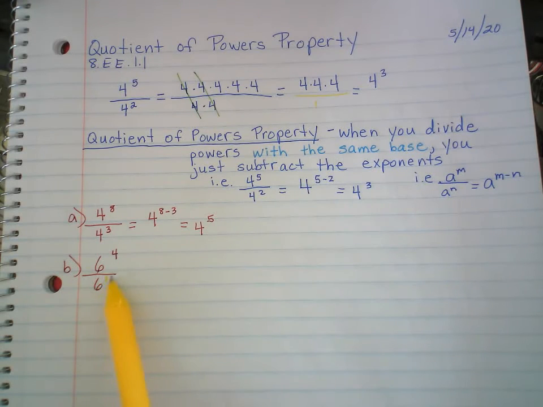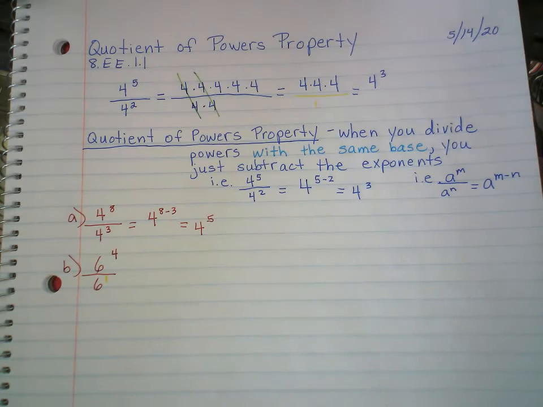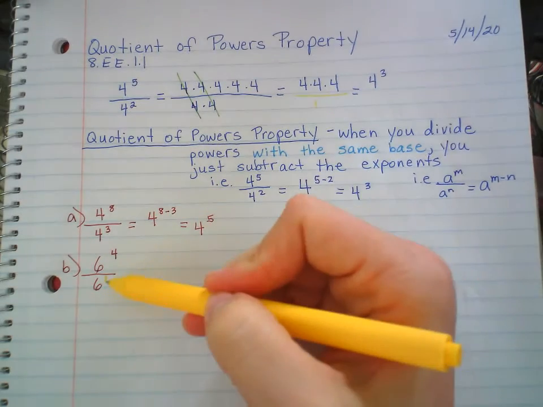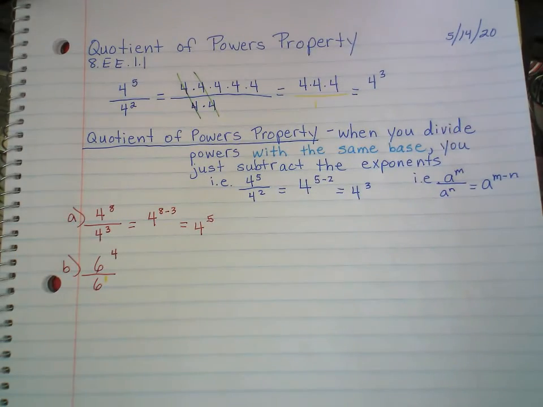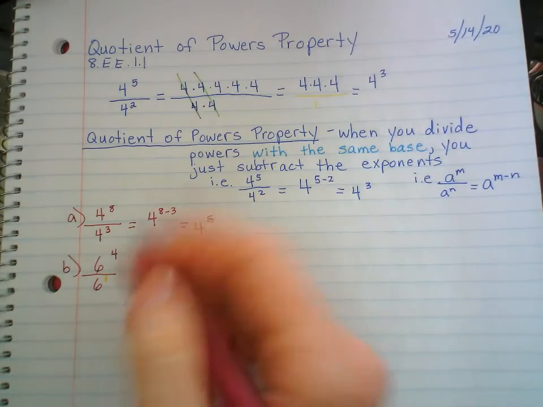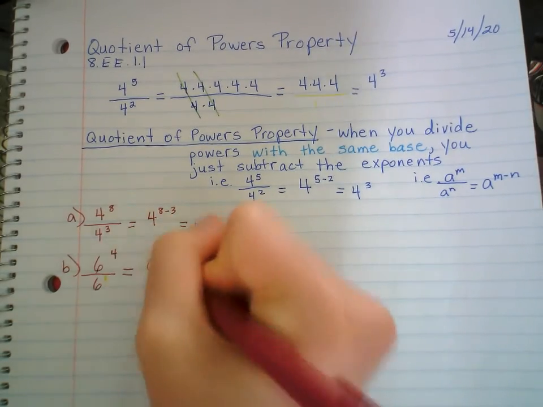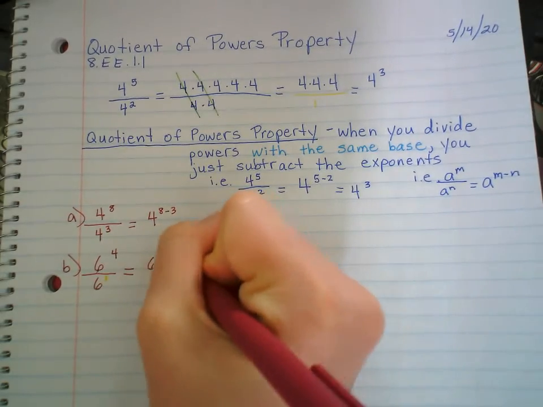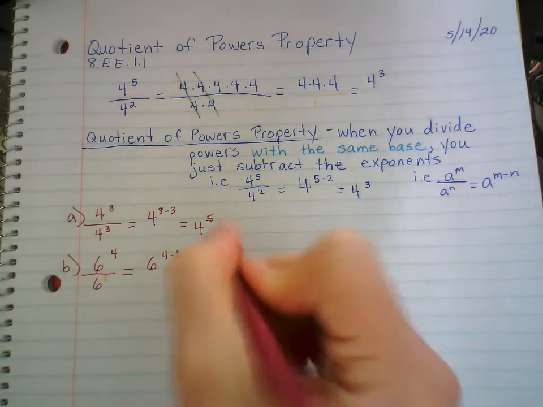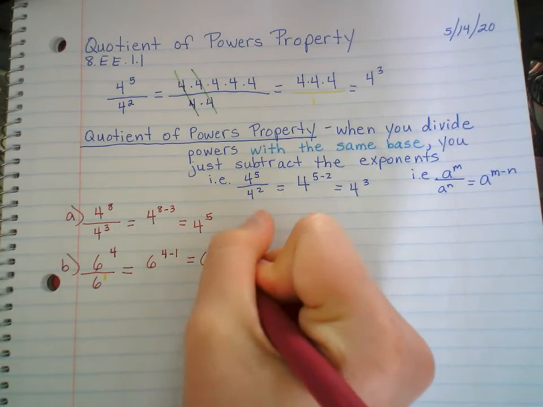If it was to the 0 power, that's totally different. Anything to the 0 power equals 1. So just know the invisible number is always a 1. So 6 to the 4th divided by 6 to the 1st equals 6 to the, subtract the exponents, 4 minus 1. So it's 6 to the 3rd power.